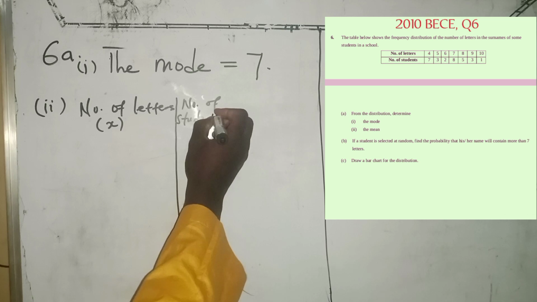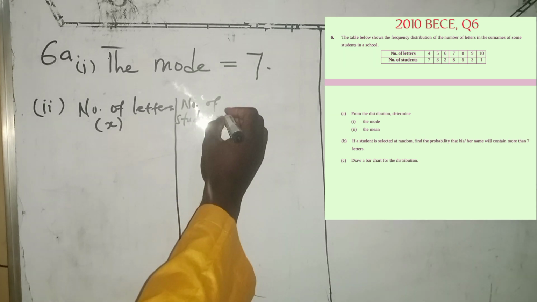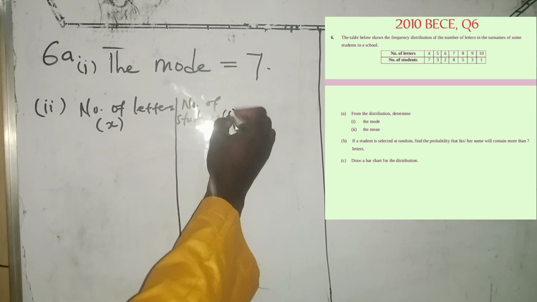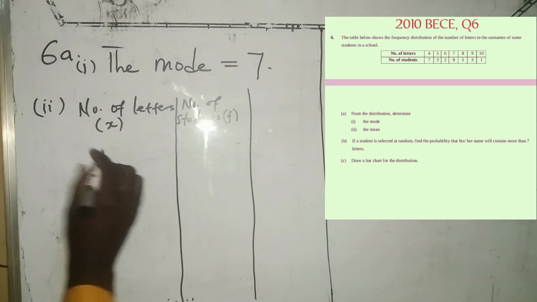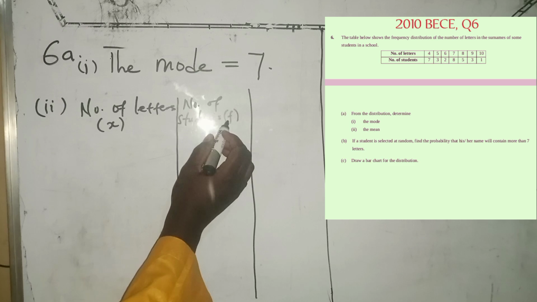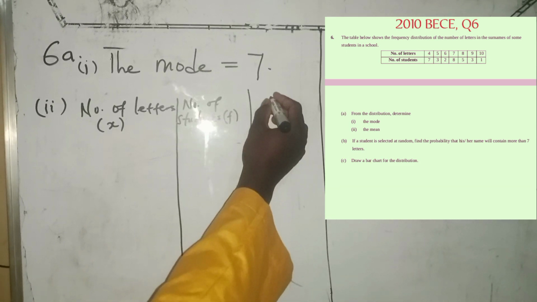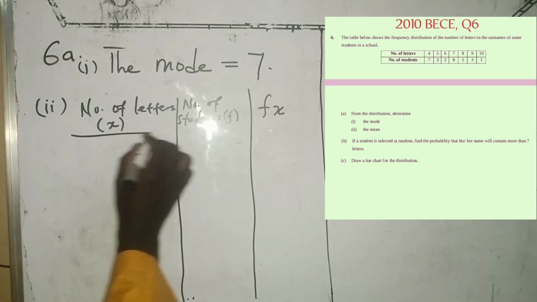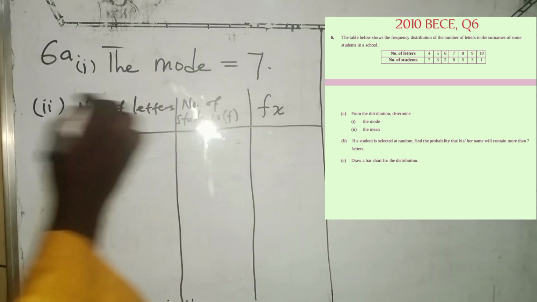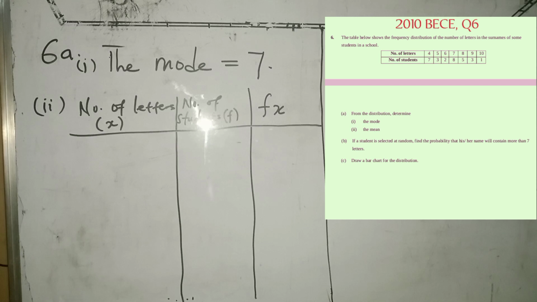We spell it in full. Number of students, and that is f. And the last one will be the multiplication of f by x, that is fx, because we need that when finding the mean of a distribution.